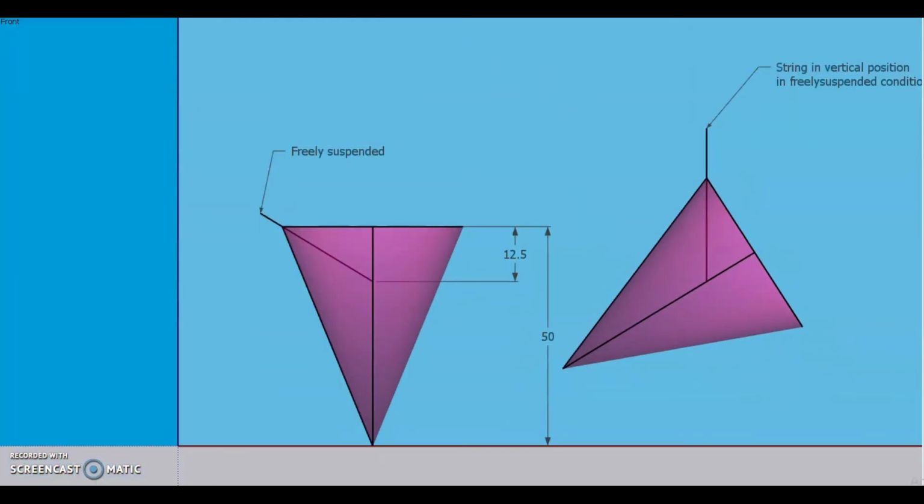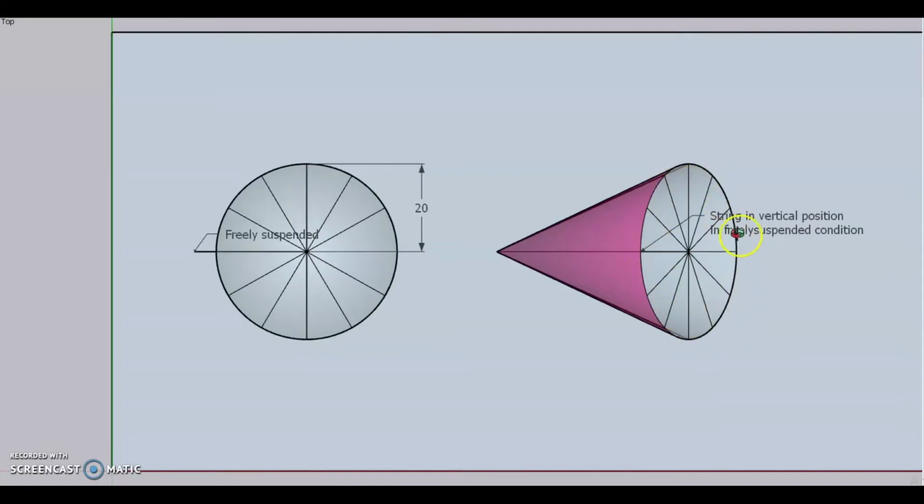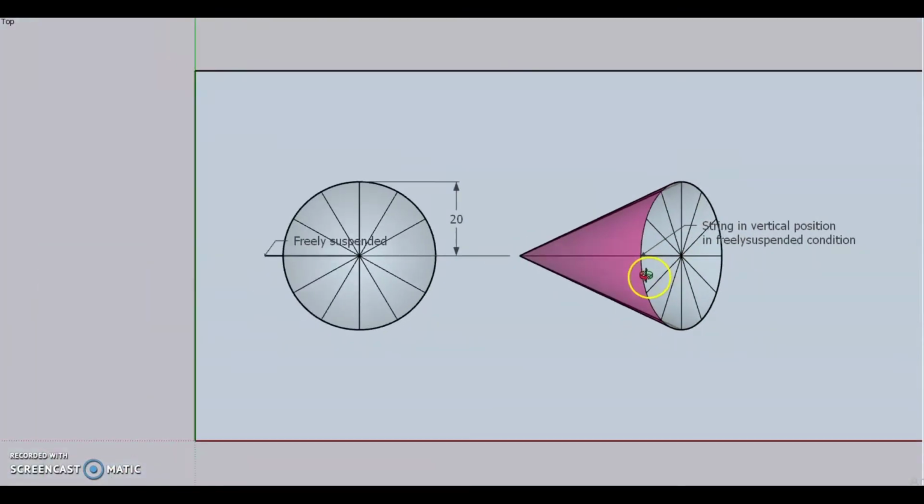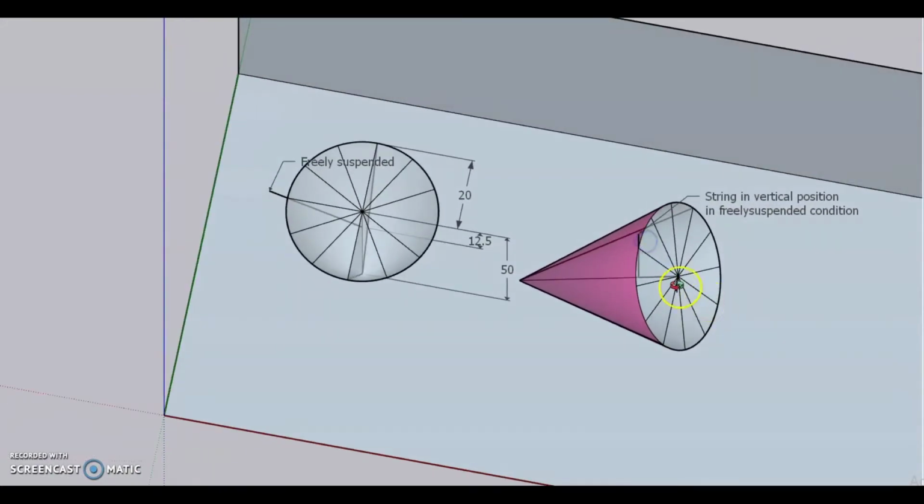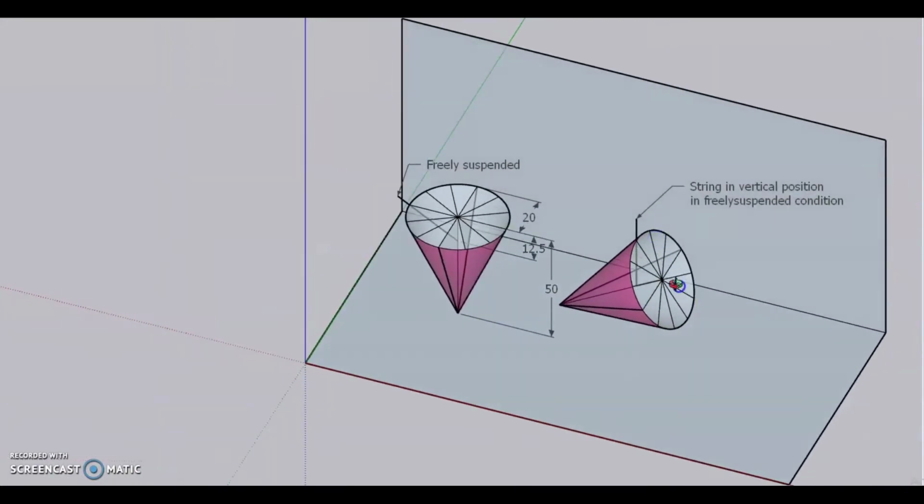The corresponding intersections give us the points for the ellipse. Join all these points and thus we will get the final top view when the cone is freely suspended in air.